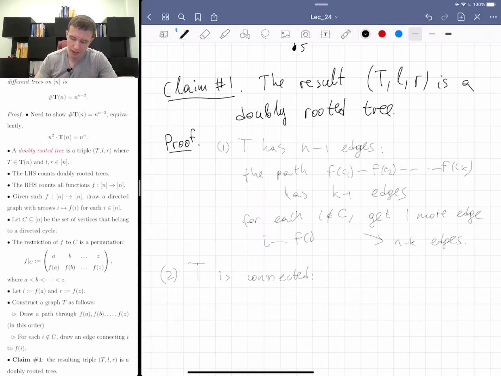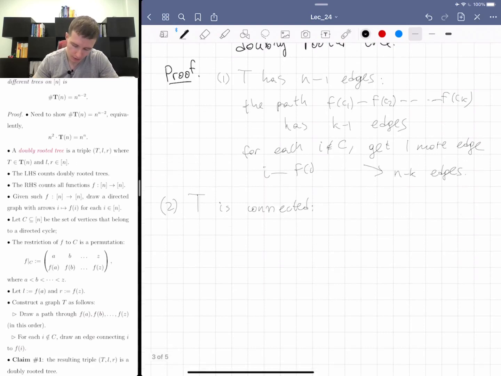That's one claim, and the other claim is that T is connected. The reason for that is also very simple. First of all, the path f of c1, f of c2, etc., f of ck is connected because it's a path.